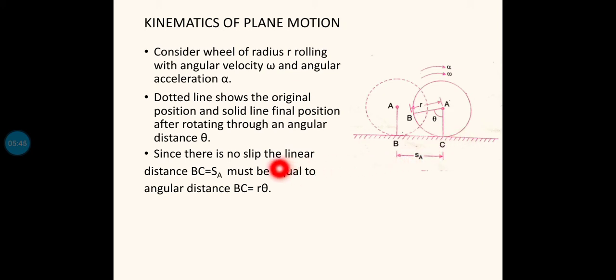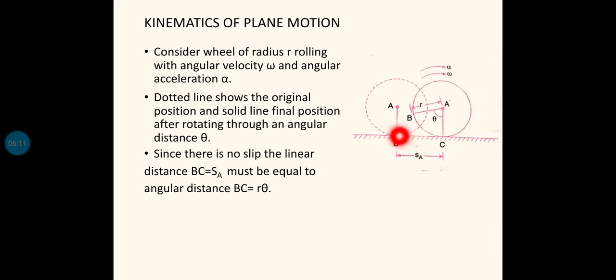Since there is no slip, the linear distance moved by this wheel, this distance BC, is marked as SA. So the linear distance moved, SA, must be equal to the curved distance BC. The wheel is rotating in the clockwise direction.